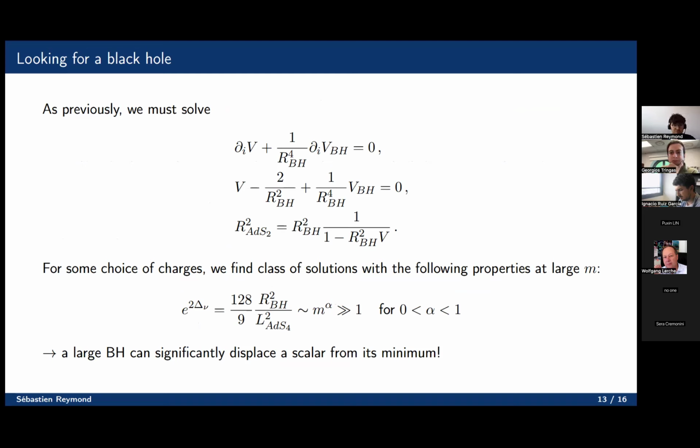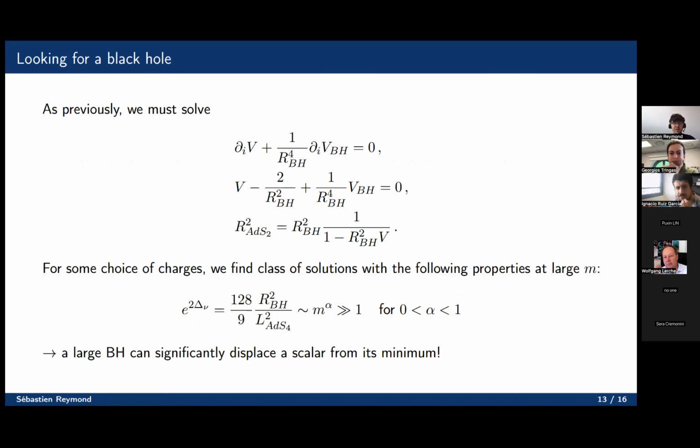Now, I won't talk too much about the details here, but I just want to highlight a specific class of solutions that we found. So for some choices of charges, we find the following properties at large M. Actually, out of the two real scalars that we had, u3 and ν3, only one of them moves. So u3 is sort of constant along the flow.